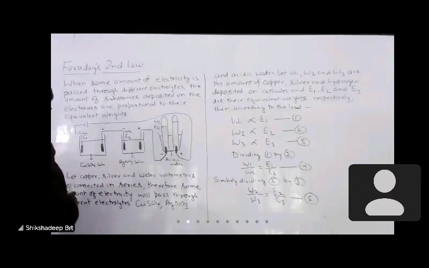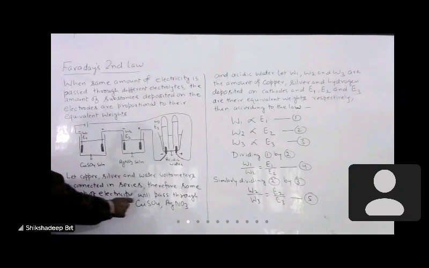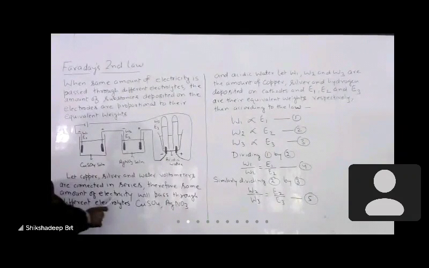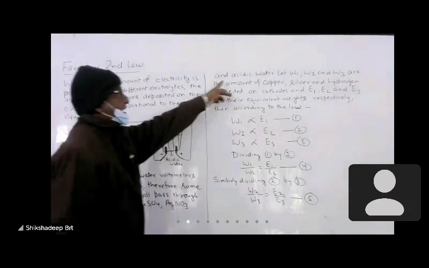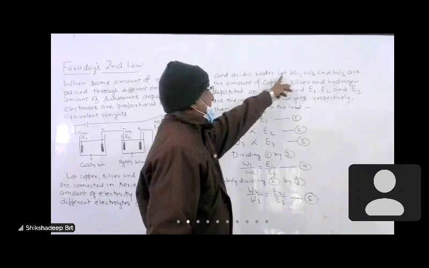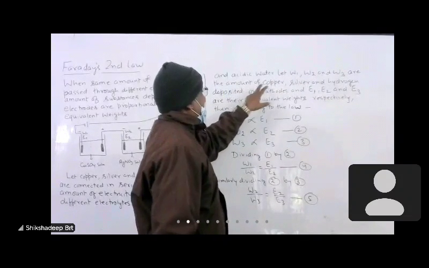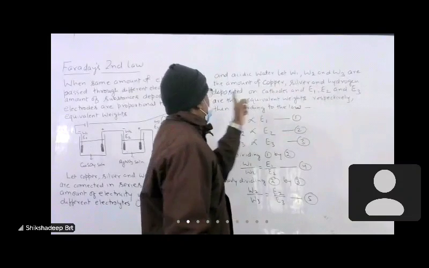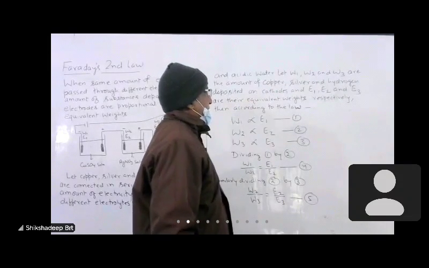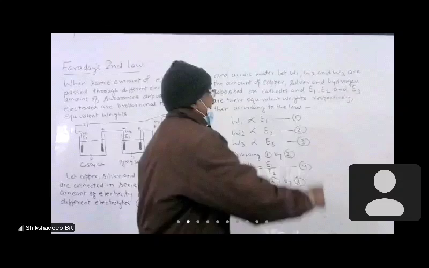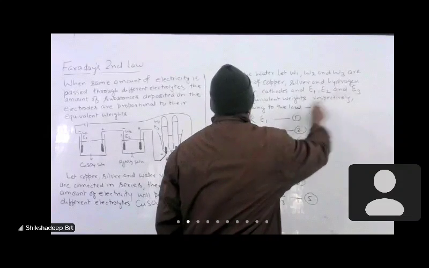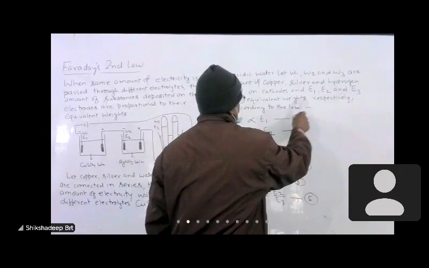That is what I have written: let copper, silver and water voltameters be connected in series. Therefore, the same amount of electricity will pass through the different electrolytes, copper sulfate, silver nitrate and acidic water. Let W1, W2 and W3 be the amounts of copper, silver and hydrogen deposited on the cathodes, and E1, E2 and E3 be their equivalent weights respectively.